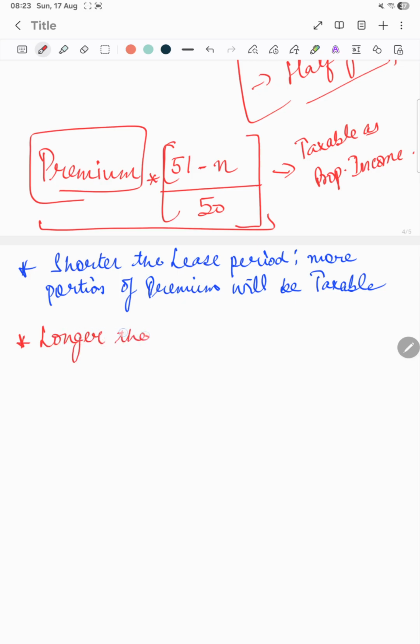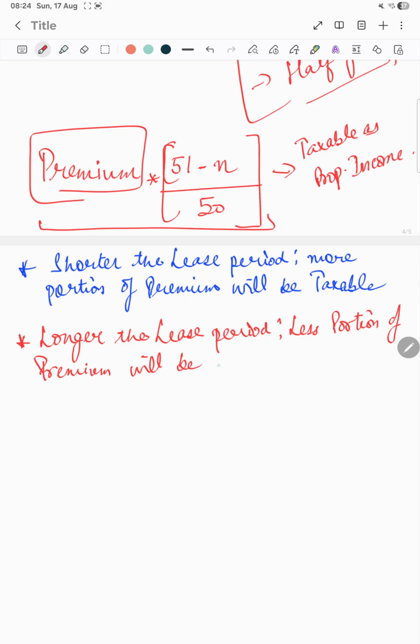Longer the lease period, less portion of premium will be taxable.